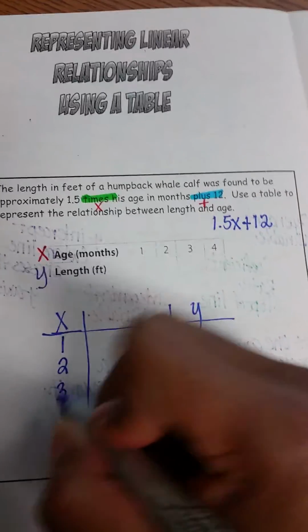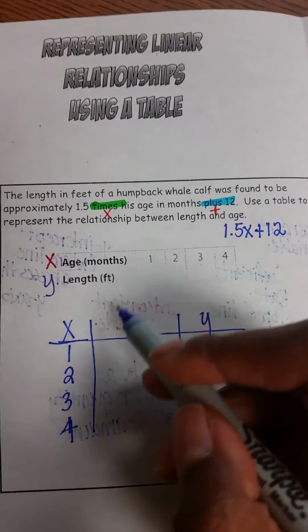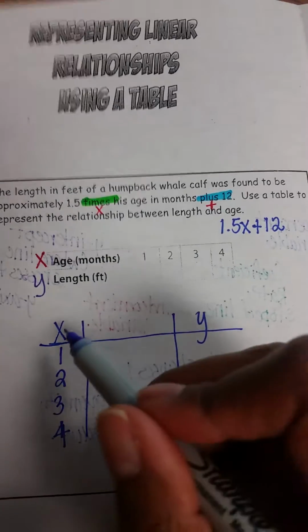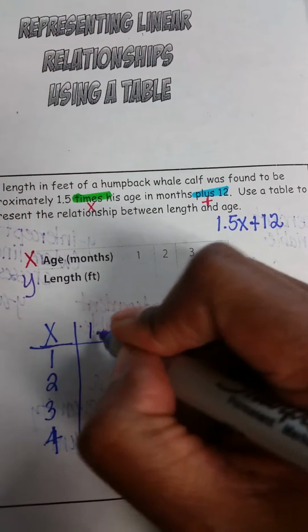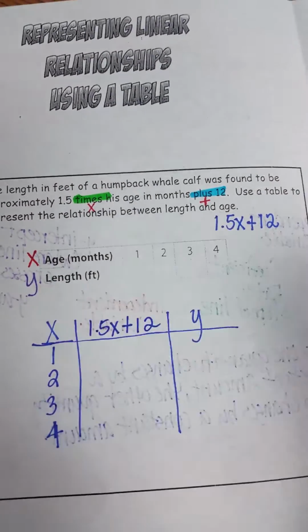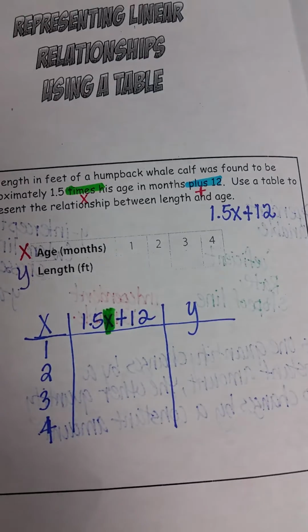Now our x values will go along this side of our table. So 1, 2, 3, 4. And as we know, that's our rule. This is the input, this is the output. So we're going to put our rule here, which is 1.5x plus 12. Wherever we see the x here, we're going to input that x value.